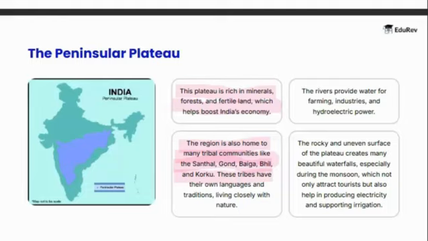These tribes have their own languages and traditional, lively closeness with nature. The rocky and uneven surface of the plateau creates many beautiful waterfalls, especially in the monsoon. They attract tourists but also help in producing electricity.